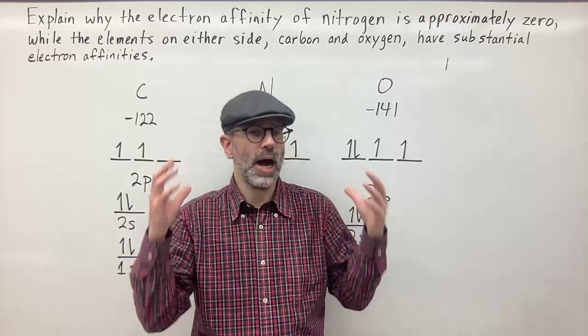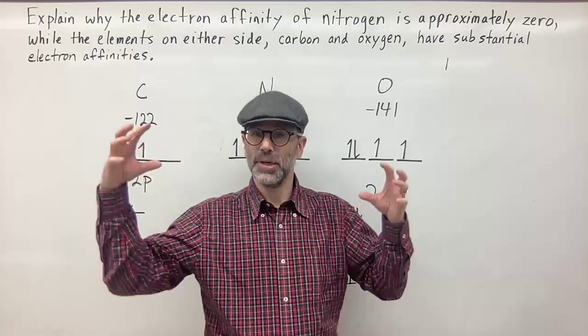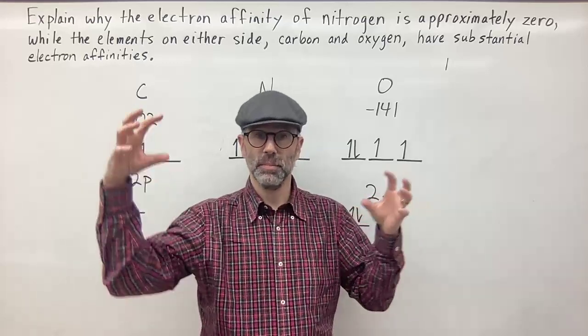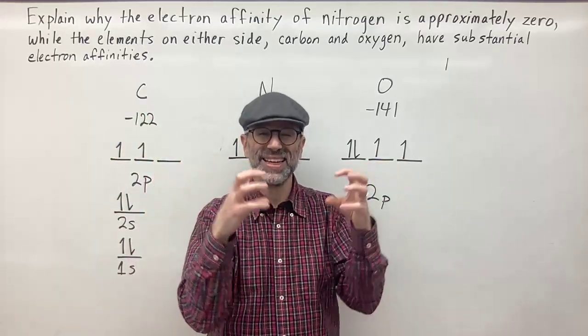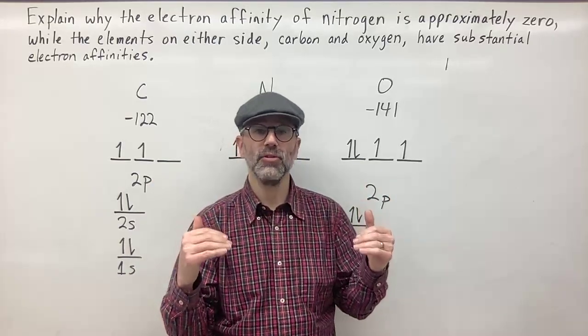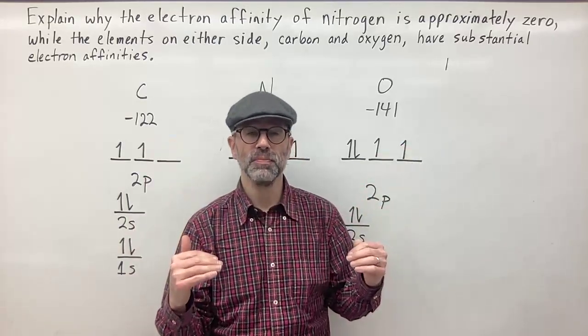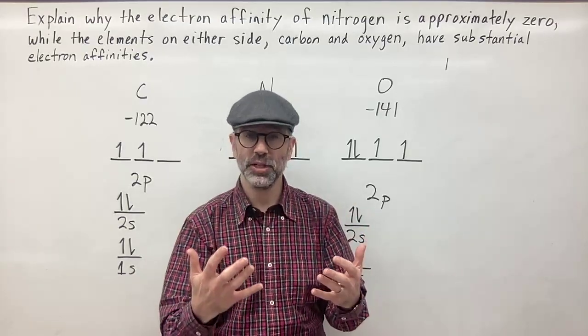For oppositely charged particles, the potential energy between the two is going to be lower as they get closer together. And lower energy means more stable. Everything is seeking low energy.